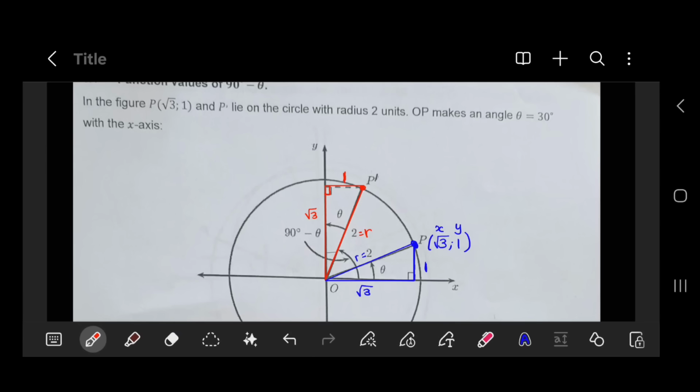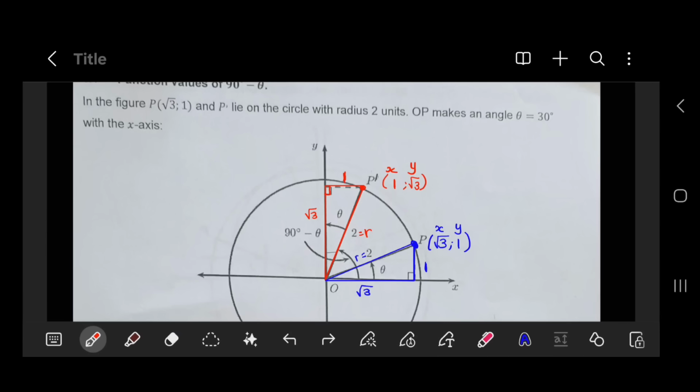And you guys, based on this information, we can actually use this to get the coordinates of the image of P, where the horizontal distance represents the x coordinate and the vertical distance represents the y coordinate. So notice how that blue triangle is just reflected and we get the red triangle. Also, to sort out the information, here we see that x is 1 and y is square root 3 for the image of P.